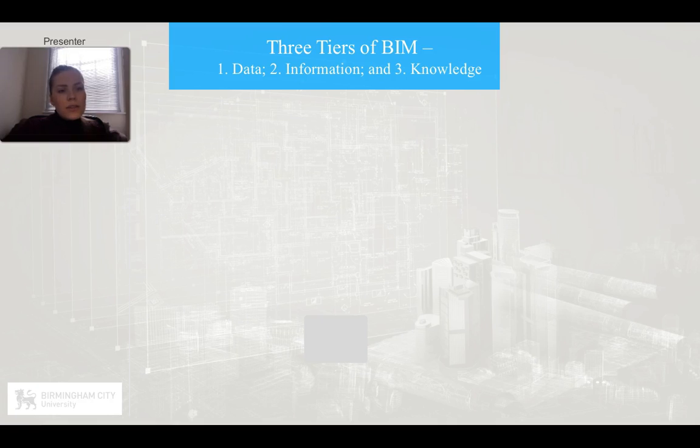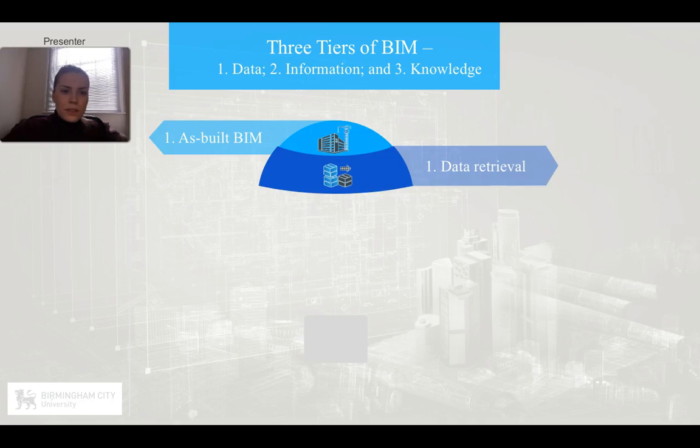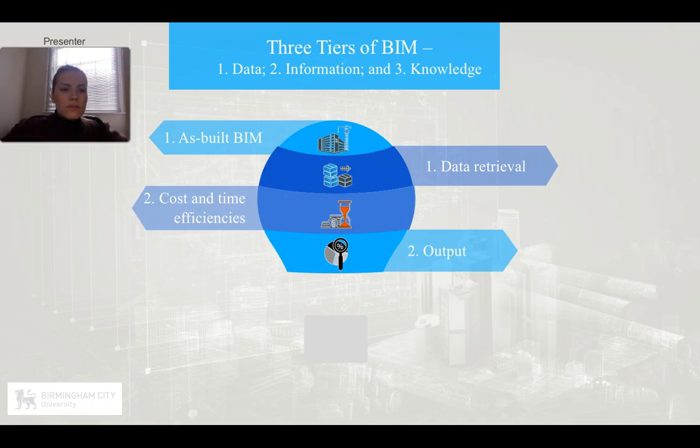Now, there are 3 tiers to actually implementing BIM and the ways in which its associated assets can be maintained. We start off with the data level, and this is where data is being input and retrieved in the development of an as-built BIM. But this is then followed by the formation of what's known as information.